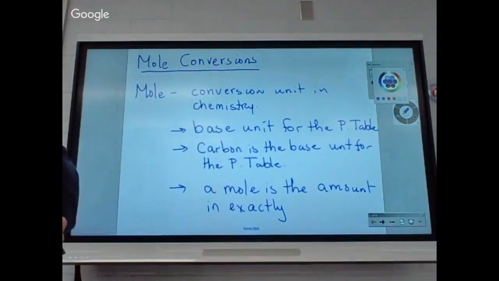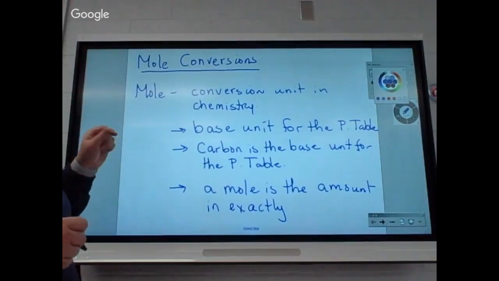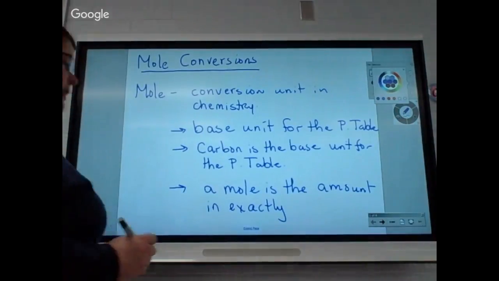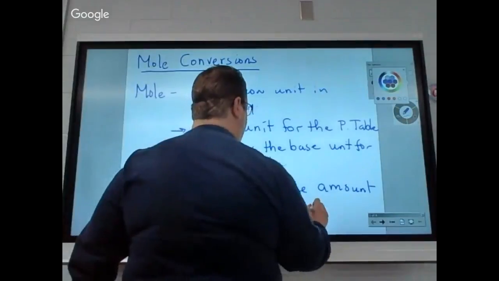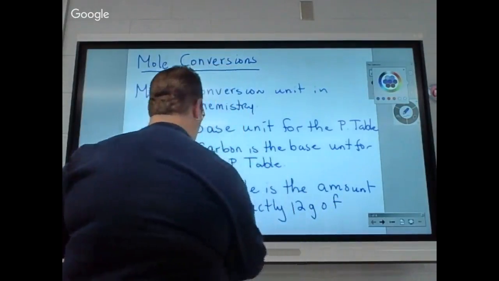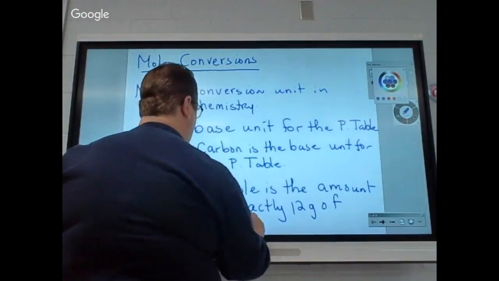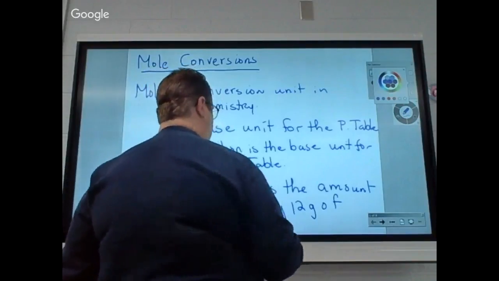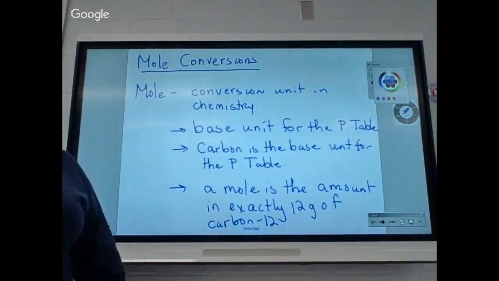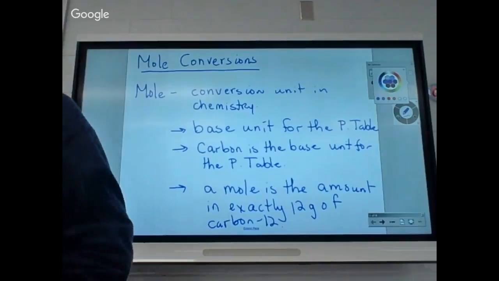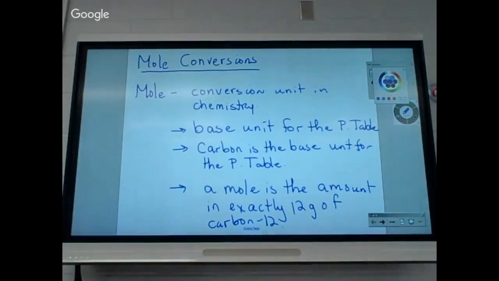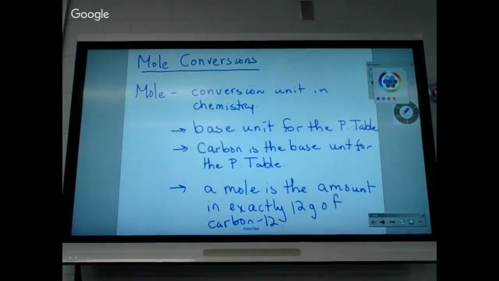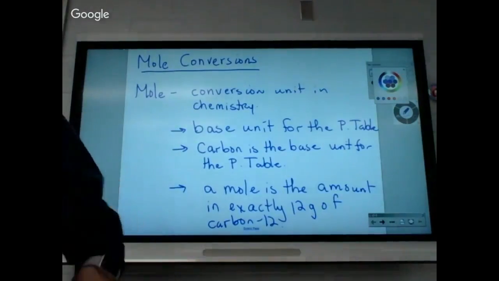A mole is the amount in exactly 12 grams of carbon 12. All right, let's see if I left anything out. Nope. Got it all.